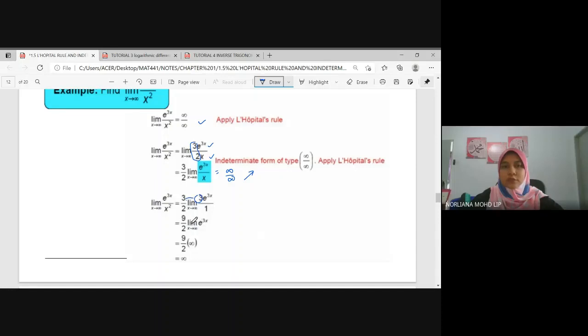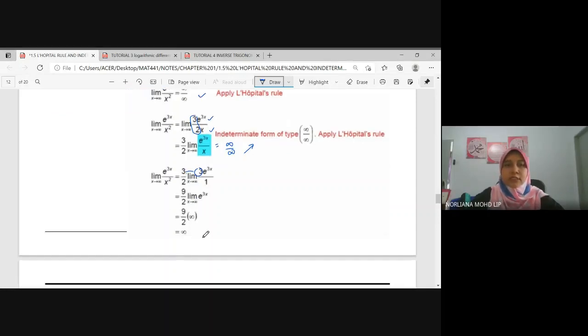We get 9 over 2 and then find the limit of e to the power 3x, where x approaches infinity. So we get the answer: 9 over 2 times infinity equals infinity. So infinity is a determinate form.